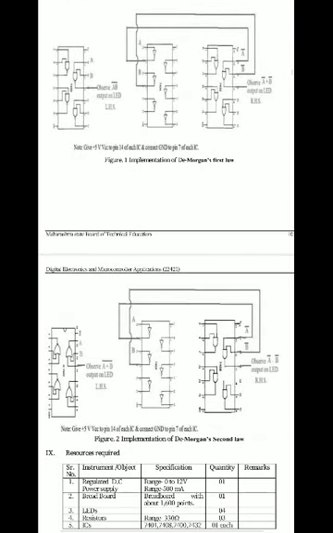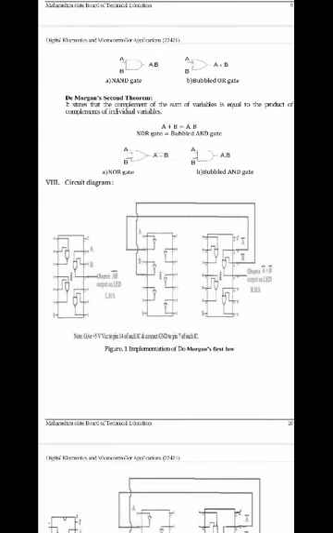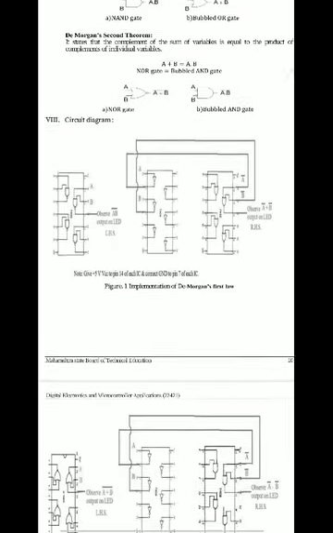The same applies for the implementation of De Morgan's second law. In that, we have the LHS here, using the IC 7402, the NOR gate IC, giving the A and B inputs, and we get (A plus B) bar.